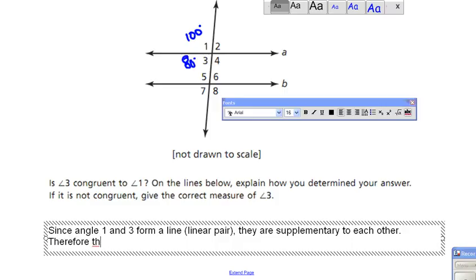Therefore, their sum is 180. Then we get the measure of angle 3 to be 80 degrees. Alright.